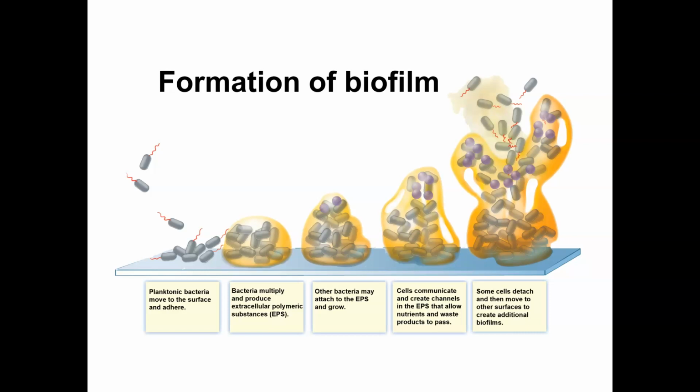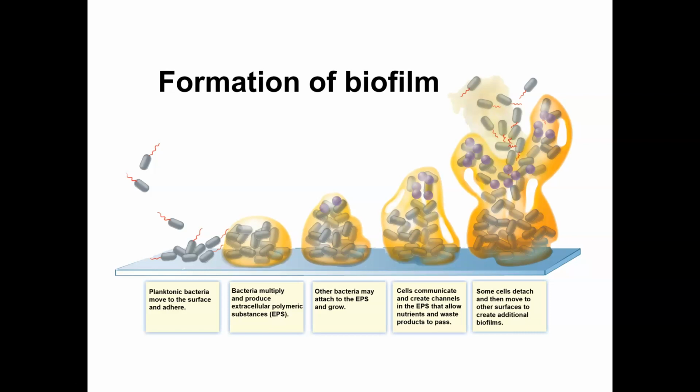So they signal to each other that they want to stick to this surface. Okay, so sticking to surfaces. Usually, we see this with bacteria that make slime layers or capsules, okay, glycocalyces. So they collect on the surface, they reproduce, and then they start secreting this orange stuff.